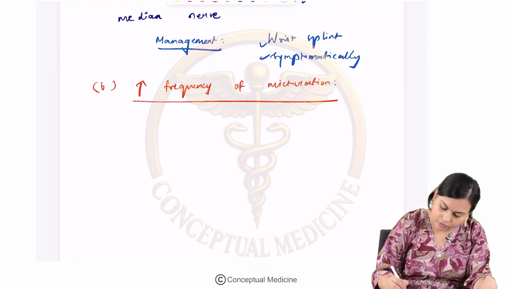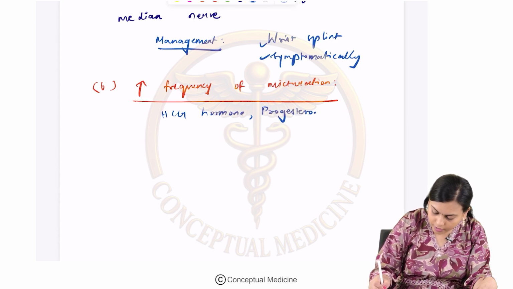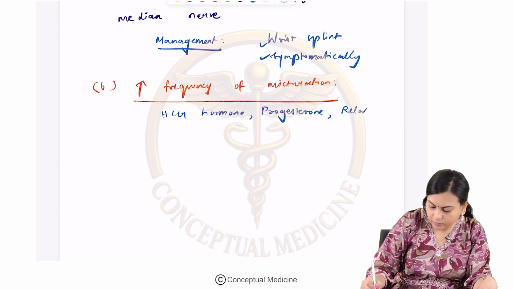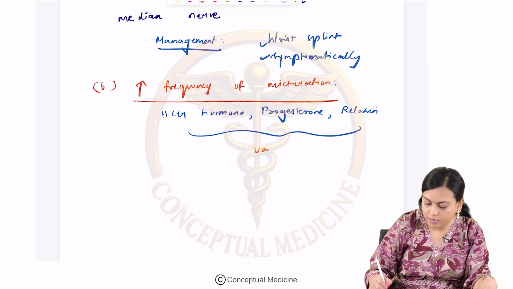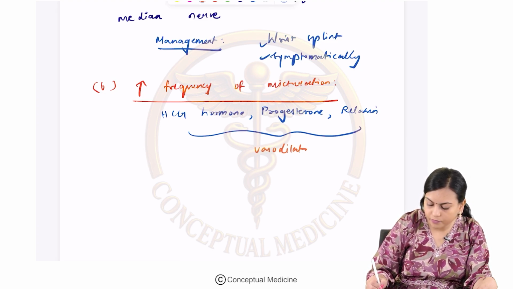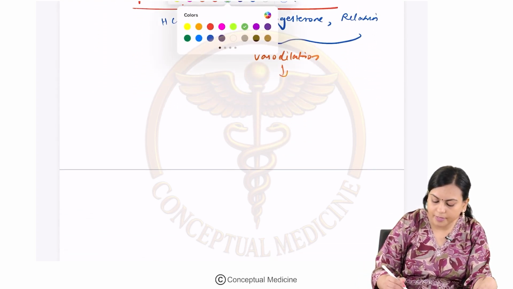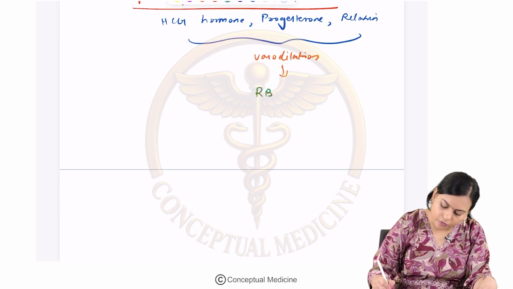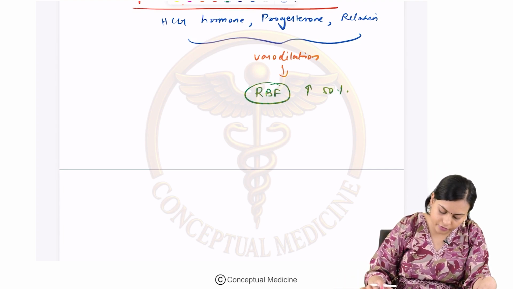Okay, so it is mainly due to HCG hormone again, or even the progesterone and relaxin. Okay, now all these hormones are going to cause vasodilation. Okay, so basically the renal blood flow is going to increase by 50%. Okay, now you would have understood why there is an increased frequency of micturition.